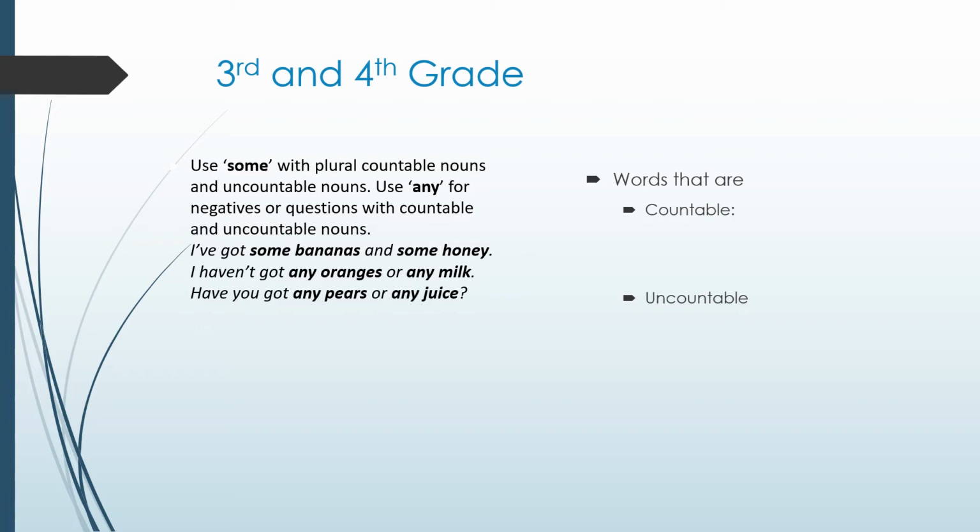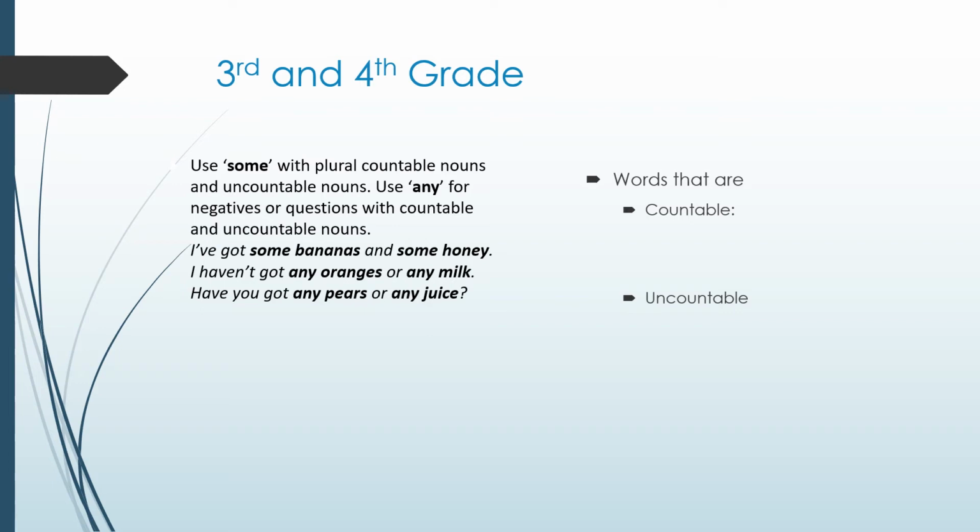So when a question is saying something isn't there or it doesn't exist, questions with countable or uncountable, are there, is there. For example, I've got some bananas and some honey. I don't have any oranges or any milk. I haven't got any oranges or any milk. And in a question, have you got any pears or any juice?